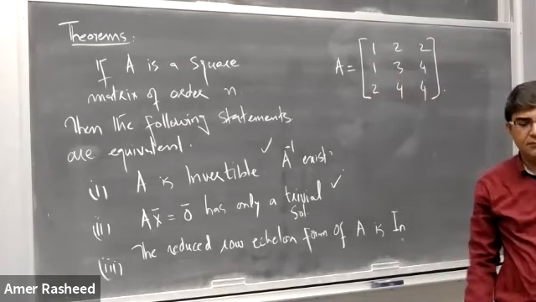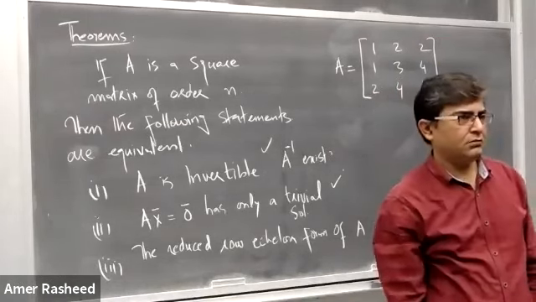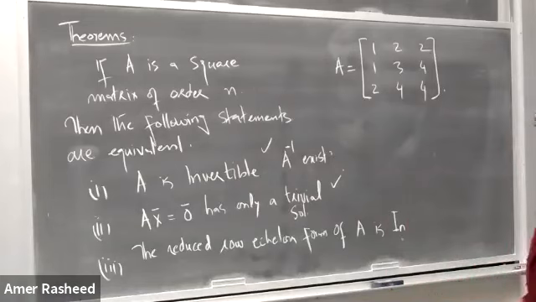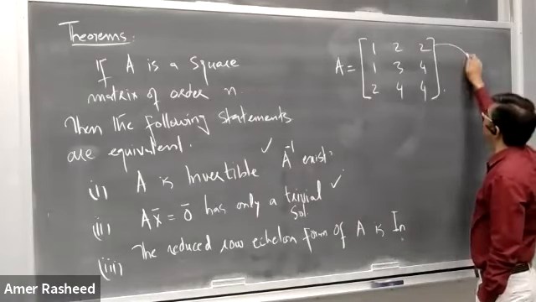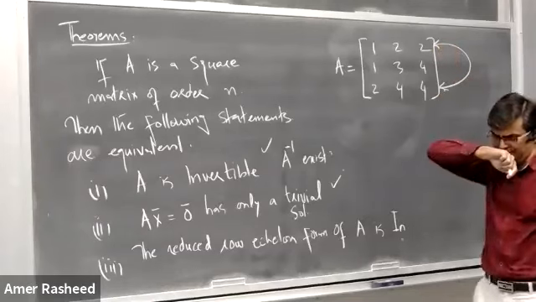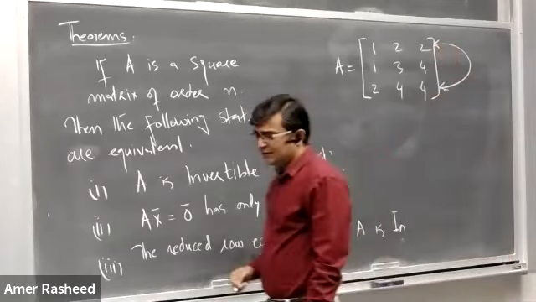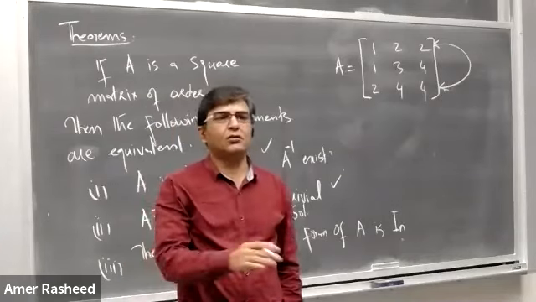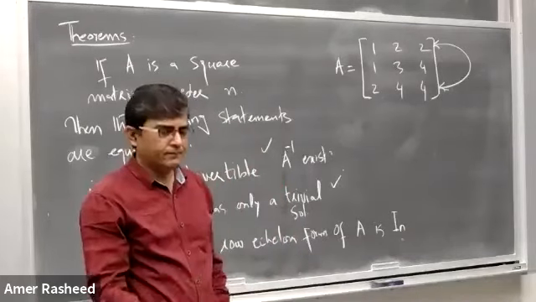This matrix is not invertible. How do I know? Because you can see that row 3 is a multiple of 2 of row 1.